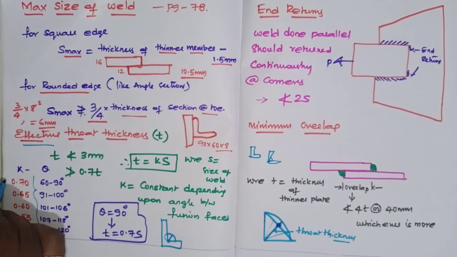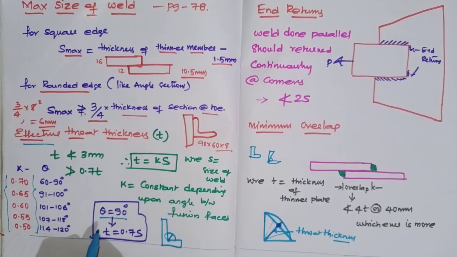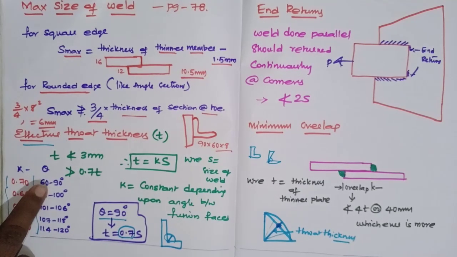If time permits, remember these values. If not, in general, for theta equal to 90 degrees, you take K as 0.7, which is sin 45, 0.707. So the K value is 0.7 for 60 to 90 degrees. You may remember these values also.